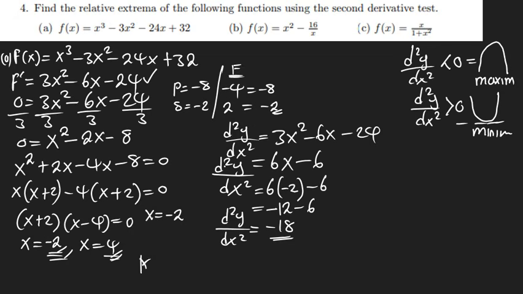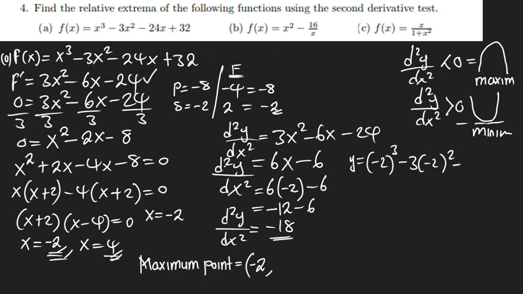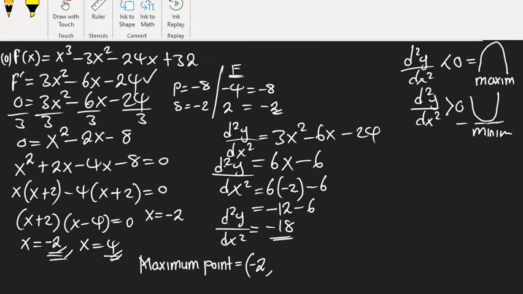So the maximum point is going to be at negative 2, comma, then you get the original equation and put your negative 2 in. Let me just write everything. Otherwise, this is actually very simple.